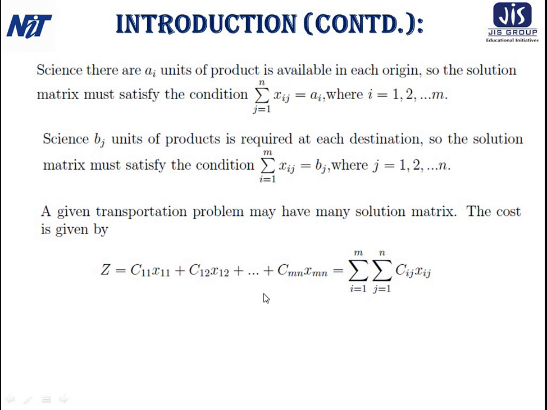Similarly other. Therefore, what is the total cost? The total cost is C11 into x11 plus C12 into x12 plus dot dot dot plus Cmn into xmn, which is given by a double summation, one over i, another over j, Cij into xij. And what is our aim? Our aim is to minimize the cost. Obviously, always we want to minimize the cost.